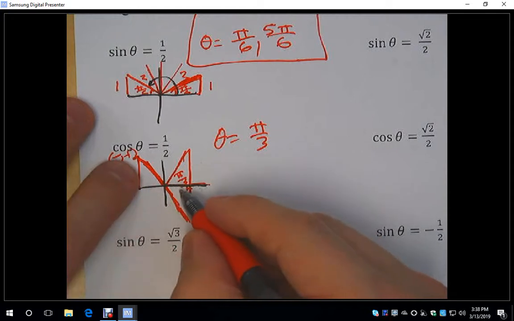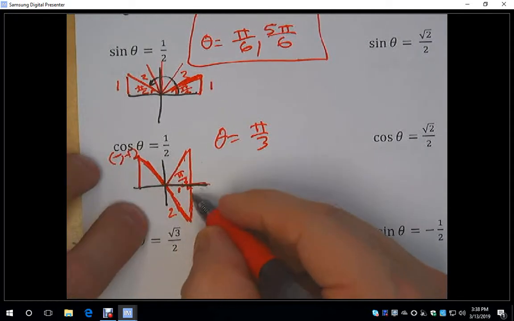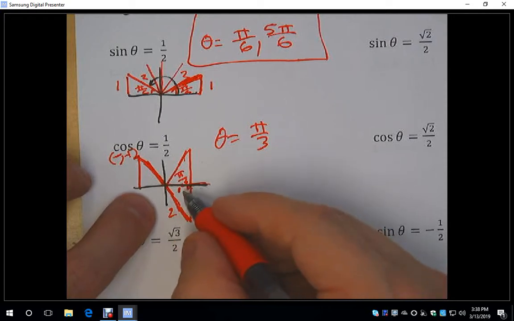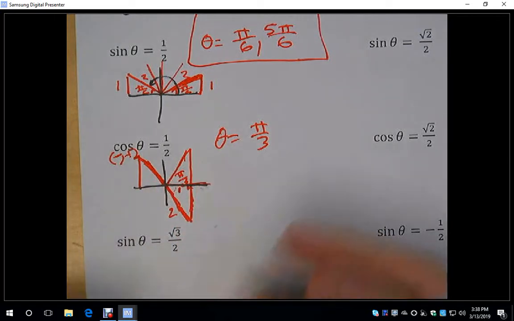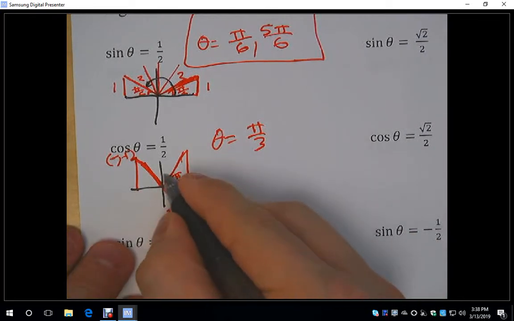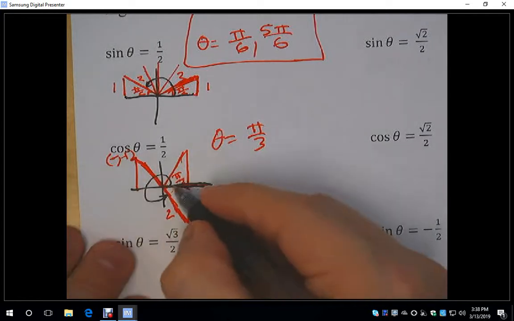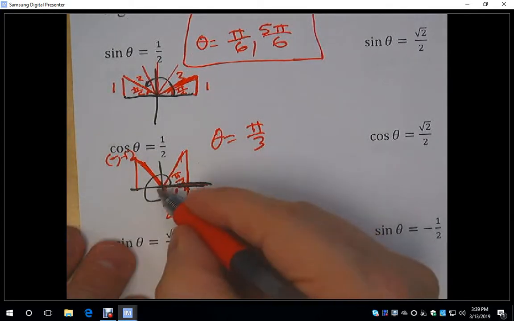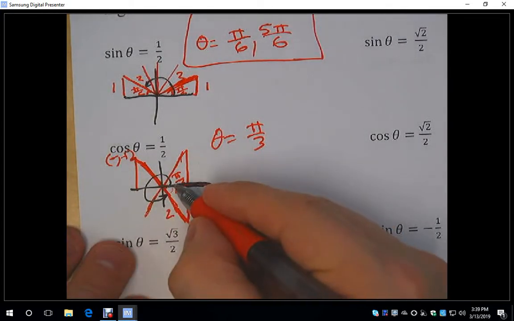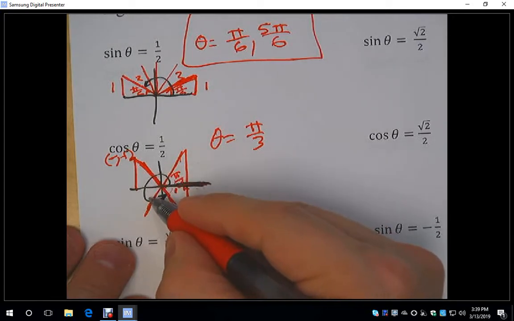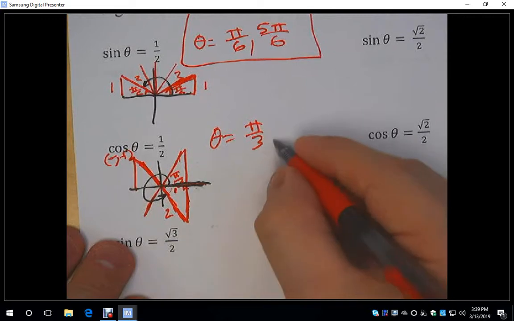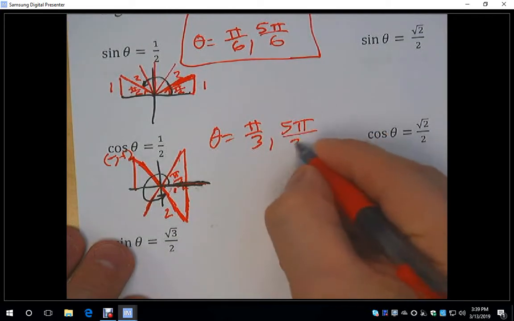In this case, our base is 1 and our hypotenuse is 2. This right here is also pi thirds. So the rotation from our initial side all the way around to here is, let's draw another 60 degrees here: pi thirds, 2 pi thirds, 3 pi thirds, 4 pi thirds, 5 pi thirds. So we have 5 pi thirds.